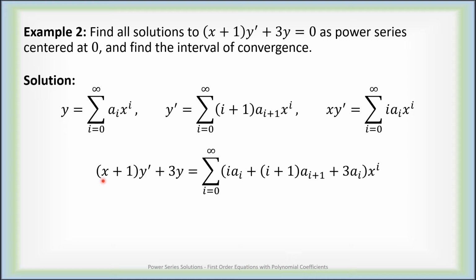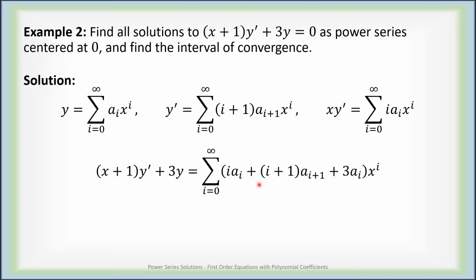So by adding up xy prime, y prime, 3y, we have three different power series that all have a shared factor of x to the i. Factor that out. What's left behind is our y prime, our xy prime, and our 3y.